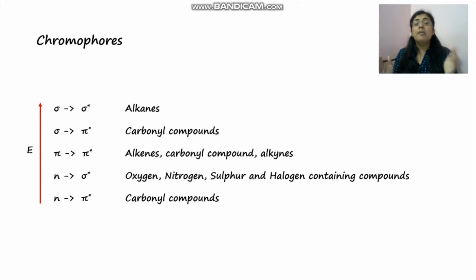If we have simple alkanes, like methane or ethane, there would be carbon to carbon bonds and carbon to hydrogen bonds, which are sigma bonds. And these sigma bonds, or the saturated compounds, would give rise to sigma to sigma star transitions. Now, in the case of carbonyl compounds, like C double bond O, I have sigma bonds and pi bonds.